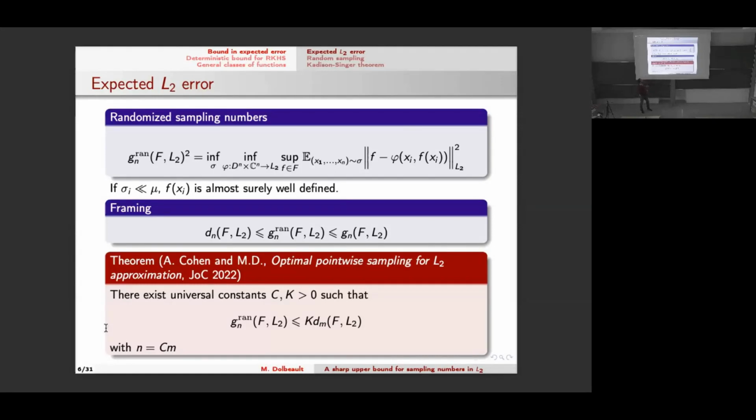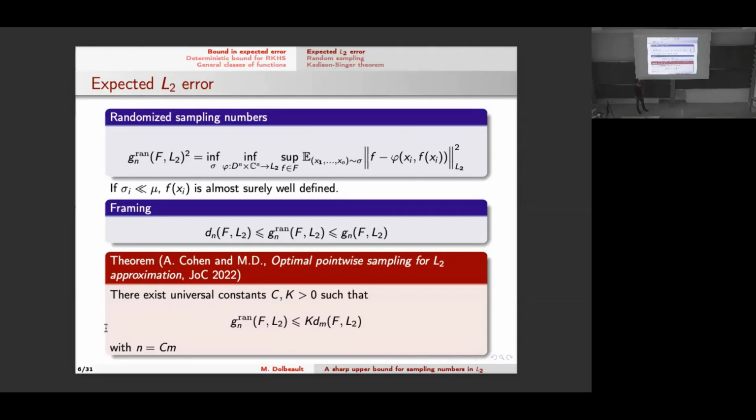Why is that? Okay, I'm still doing some linear algorithms, so I'm larger than the best linear error. And if I take the randomized points to be fixed, in fact, I go back to Gn. And what I want is to compare Gn randomized with the Kolmogorov widths Dn.